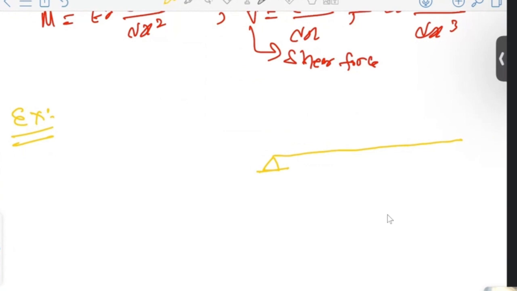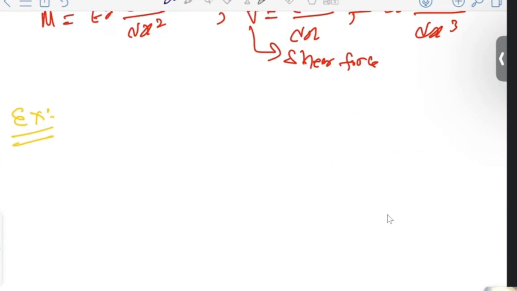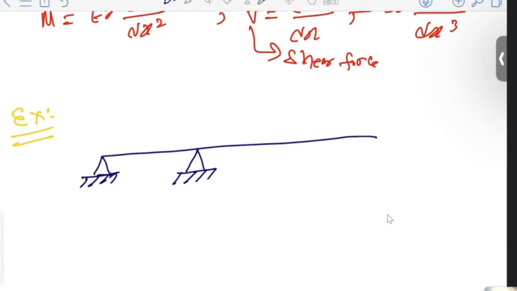So this is one of the beams. I will draw this beam again. This is a long beam, and this is a hinge at this location. At this also, and here we have three locations.